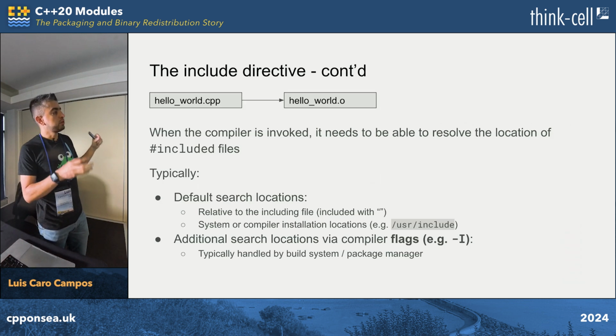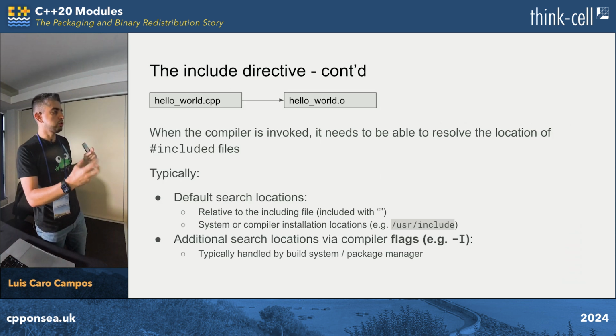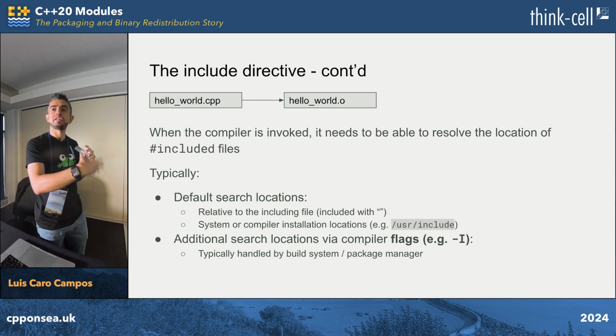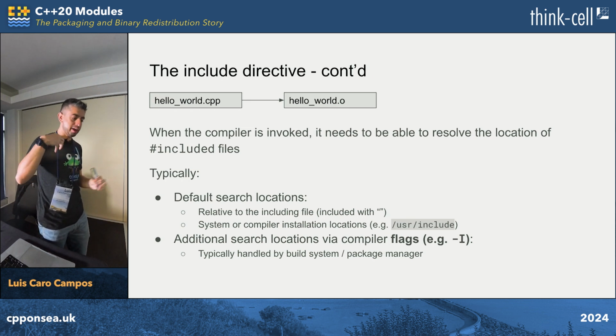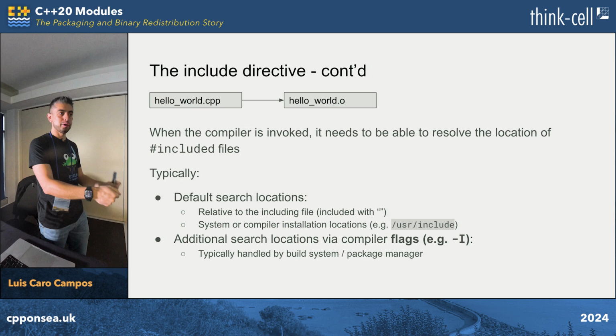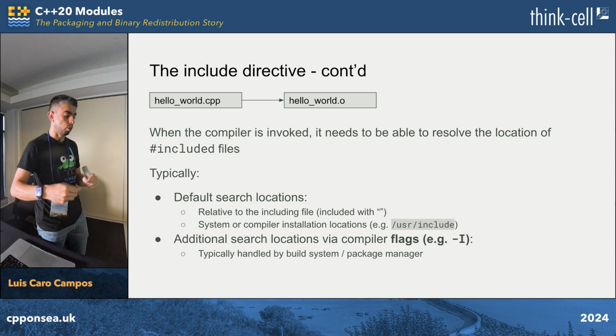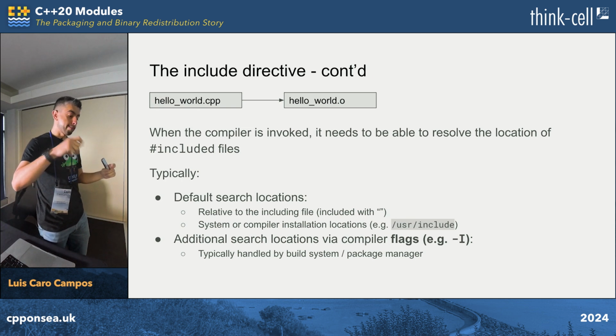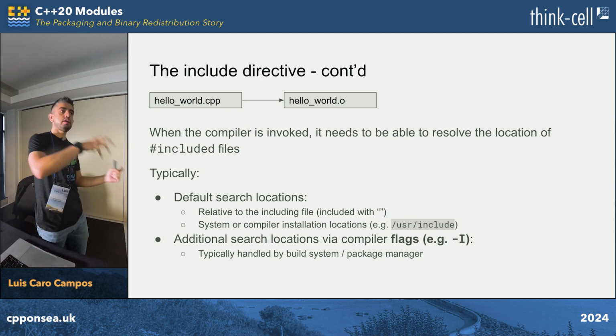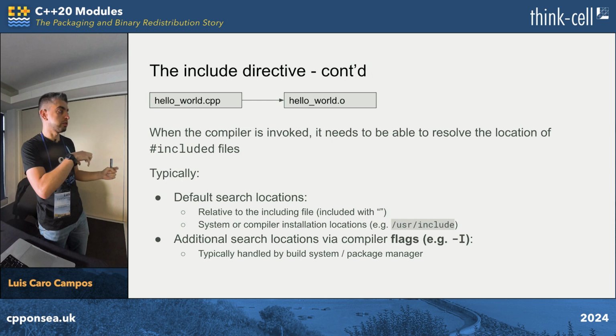And at the moment, how does the compiler resolve those includes? There's one of two ways. Either the compiler knows to look in some places by default. This is typically because when the compiler is built itself, we hardcode those paths, and that's what usually happens on Linux, and that's why places like /usr/include are going to be looked into, or the actual directories where the standard library headers are relative to the compiler executable.